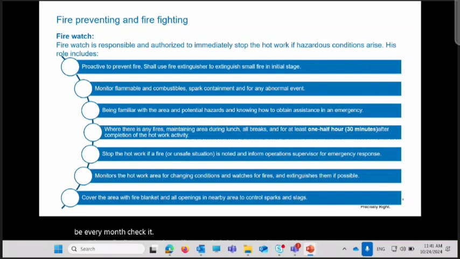Fire watcher: if there is any hot work ongoing, even after the hot work is done, it is the responsibility of the fire watcher to always be available in the hot work area for at least 30 minutes.